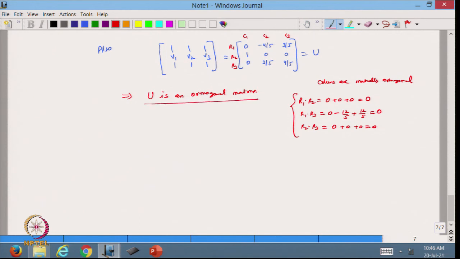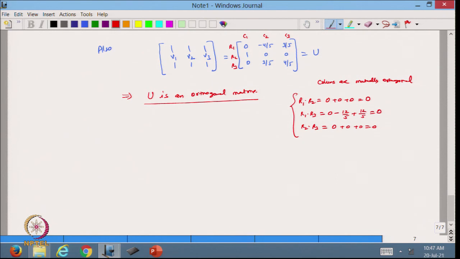So, what is the orthogonal matrix? An orthogonal matrix is one in which the columns are orthogonal to each other, the rows are also orthogonal to each other, and the magnitude of each column or row is 1.